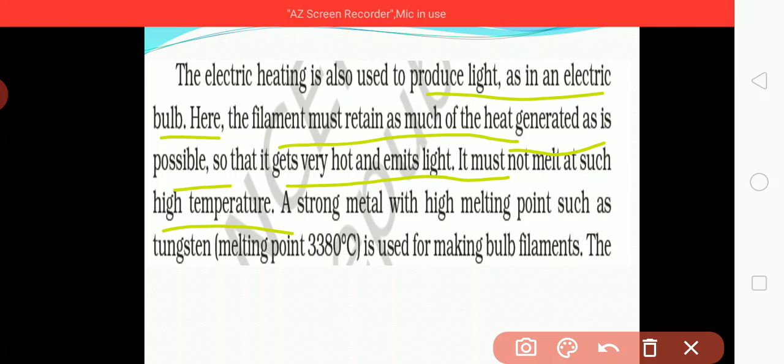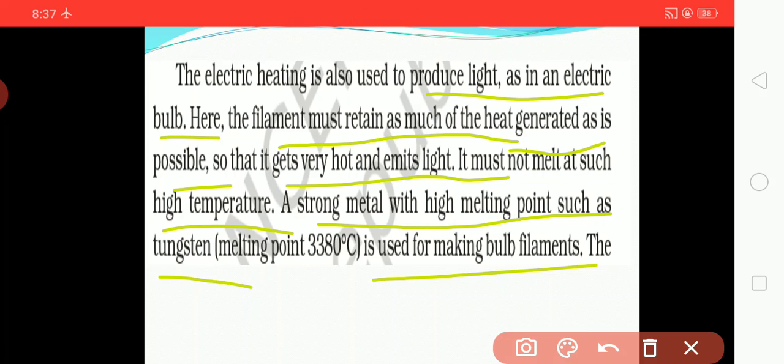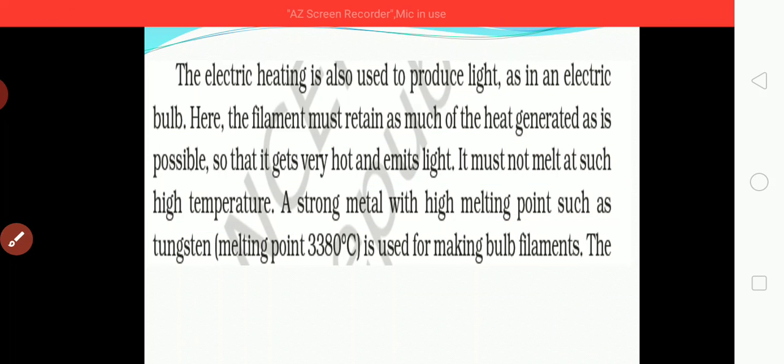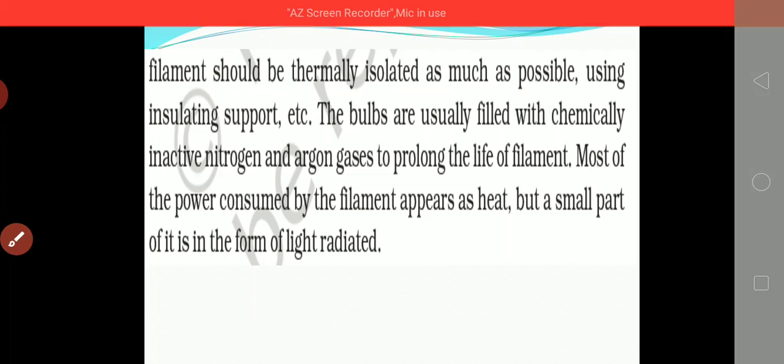A strong material with a high melting point such as tungsten is needed. The matter should be strong and it should have a high melting point. For example, tungsten is used for making the bulb filament, which is very useful for preparing a bulb filament. So the bulb filament is made with tungsten.